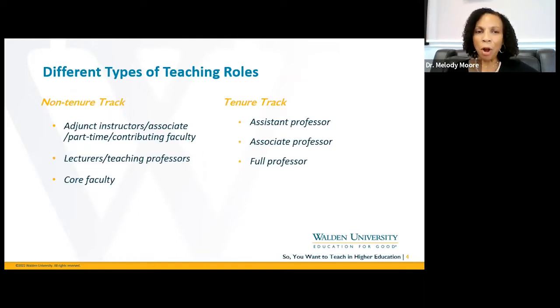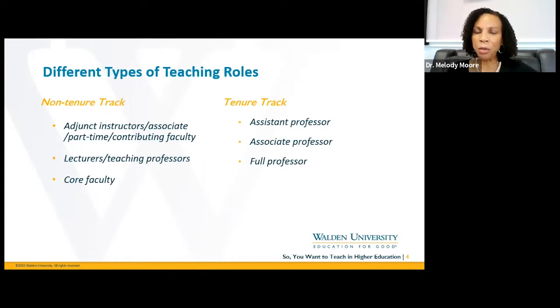These are part-time instructors that work at various universities, and they typically do not get any benefits, or they're not considered a full FTE. There are also lecturers and teaching professors. Several universities offer these positions, usually for a limited period of time. And then there are core faculty.